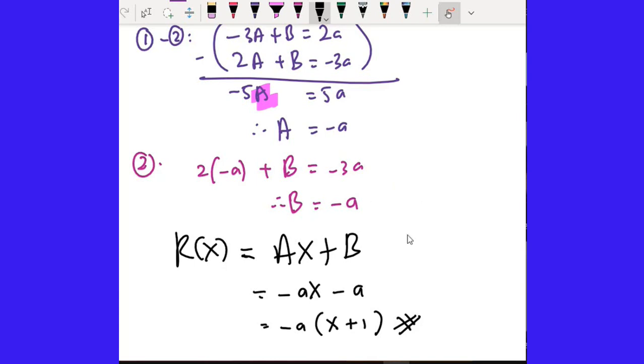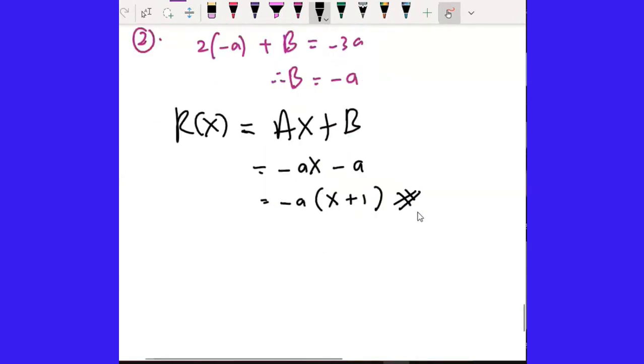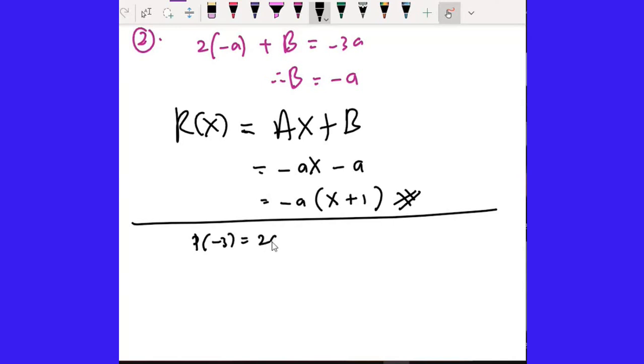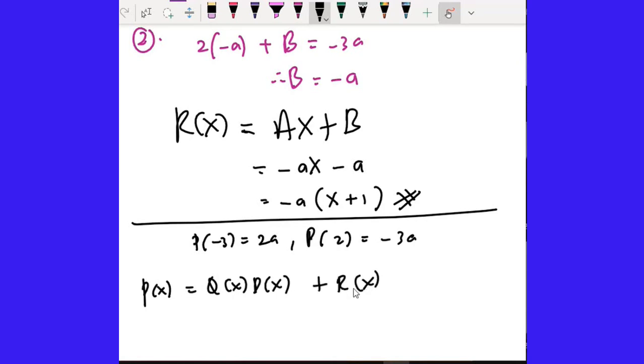Okay, itu cara direct. Let's say if you going to use the concept. We get P of negative 3 is equal to 2A, P of 2 is equal to negative 3A. So the concept P(x) equals Q(x)D(x) plus R(x).